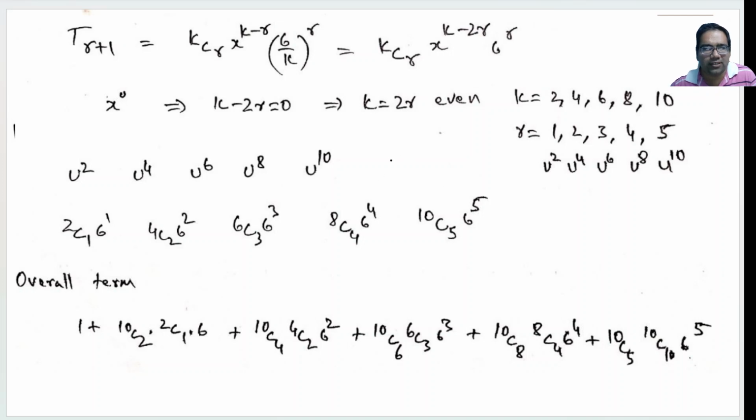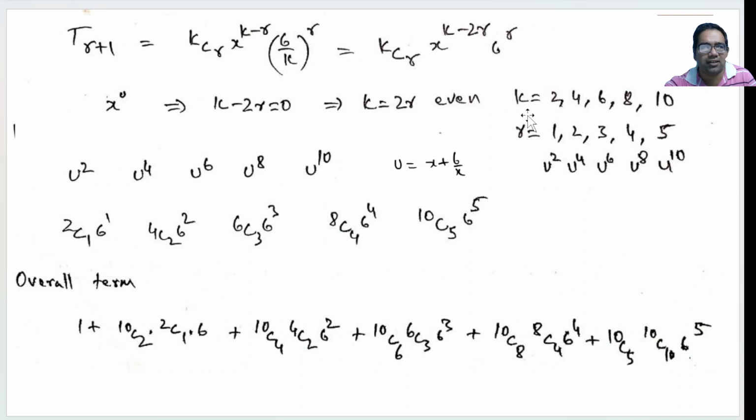Only in terms of u square, u power 4, u power 6, u power 8, u power 10, we will find terms which are independent of x. And what are those terms now? The terms are KCR 6 power r, because x power k minus 2r will anyway become x power 0.